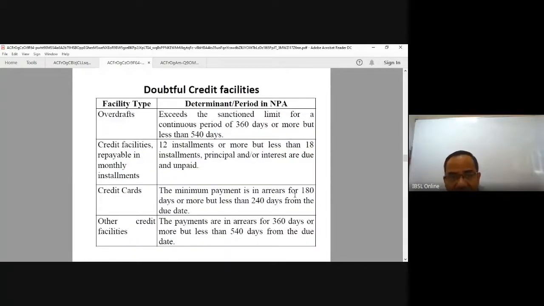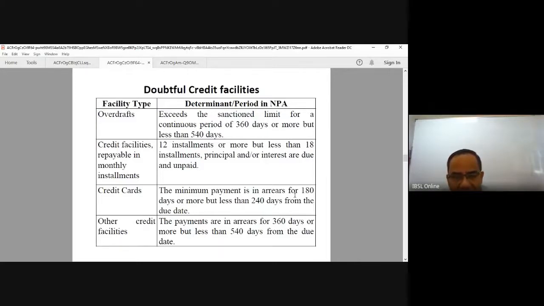Then we looked at doubtful. So special mention, substandard, doubtful. What are doubtful? Doubtful are those overdue more than 360 days, more than 1 year, but less than 18 months, 540 days. You calculate in a similar way.